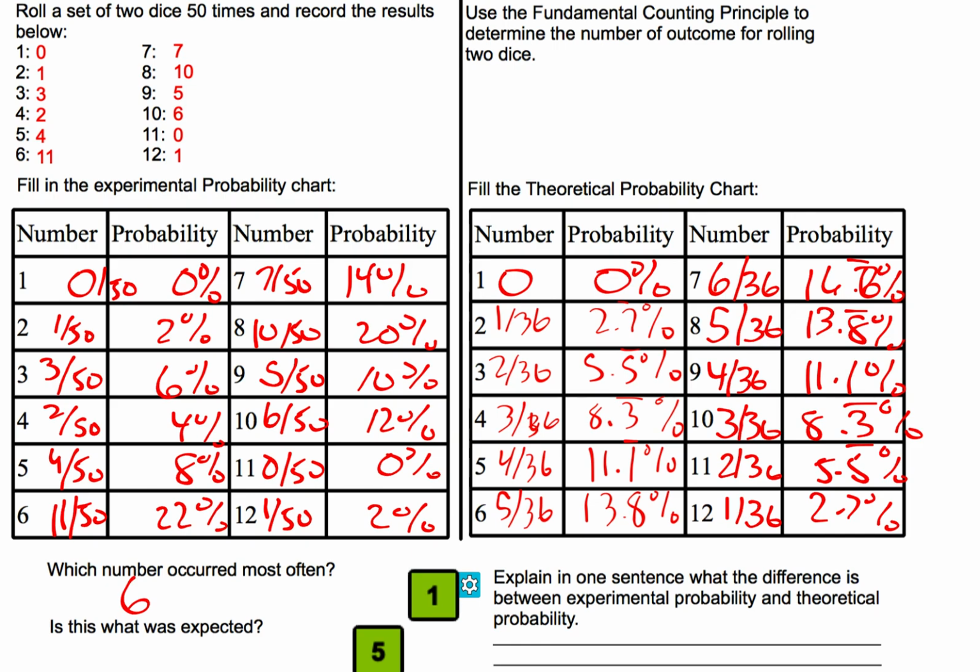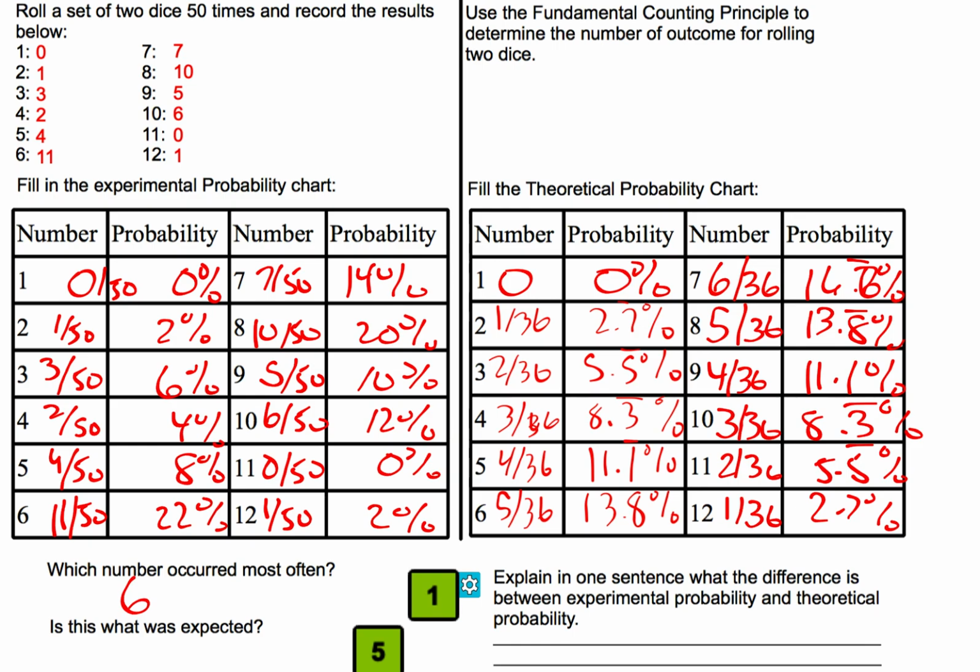If we did this several hundred times, maybe even a few thousand times, the numbers would come out very close. The issue here is 36 outcomes and only doing 50 trials. We're not going to get as much accurate data. It's going to be close.